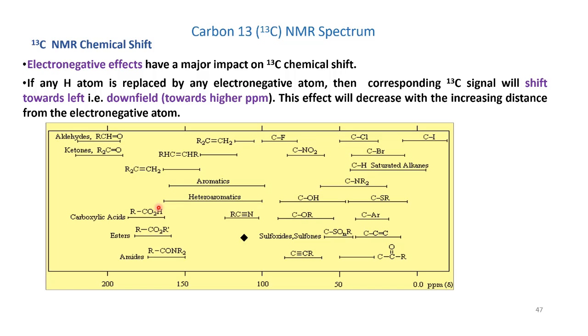If any hydrogen is replaced by an electronegative atom, the signal will shift towards the left. As you can see here, oxygen is electronegative. The more the electronegativity, the more it will shift towards the left, that is the higher ppm side. This effect will decrease with increasing distance from the electronegative atom. So if the chain is longer, the distance increases and the shift will lessen.